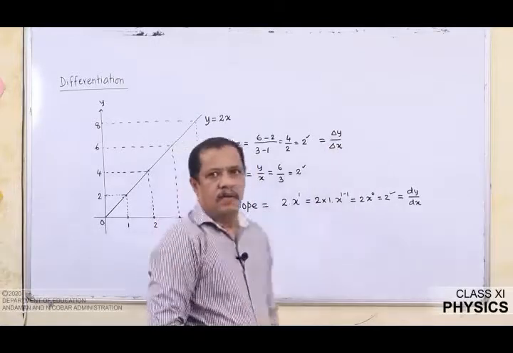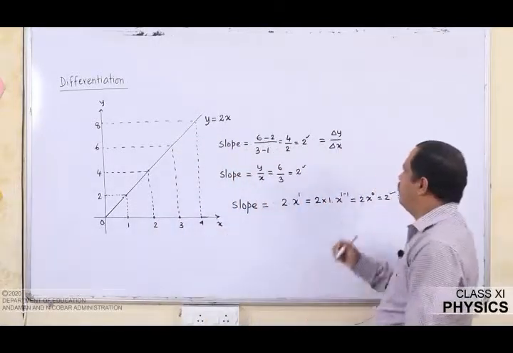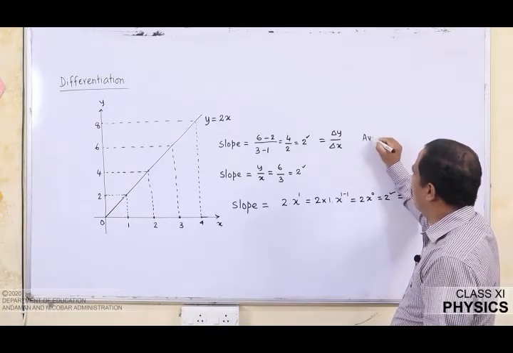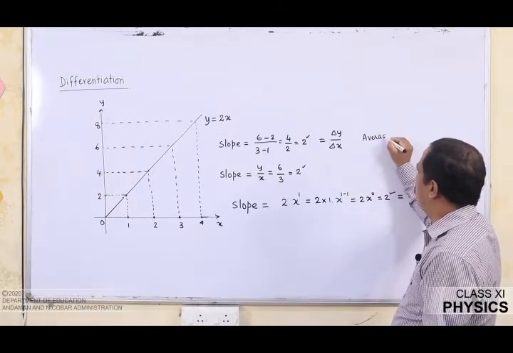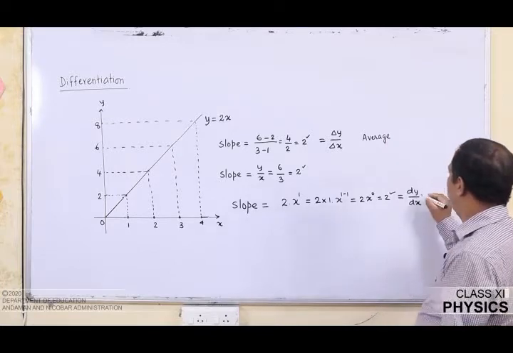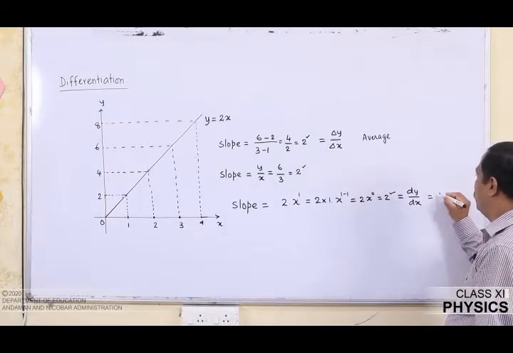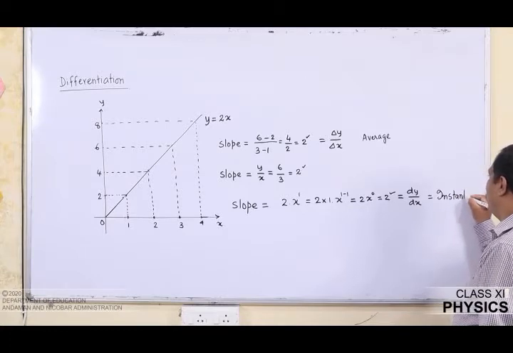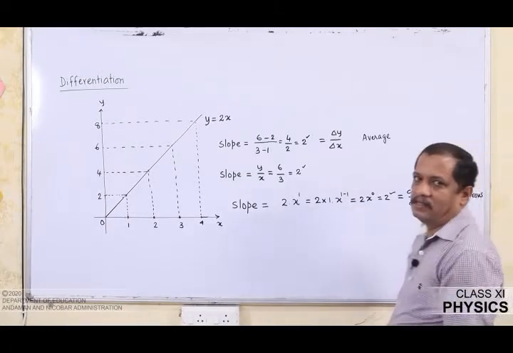Now, in physics whenever we write like this, we say we are calculating the average value, and whenever we are calculating like this, we say that we are calculating instantaneous value.